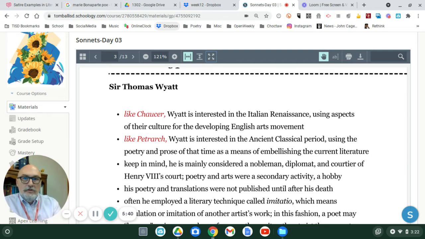So Geoffrey Chaucer himself during the 1300s is really interested in what the Italians are producing, his contemporaries in Italy are producing during their Renaissance. Wyatt, during the 1500s, 200 years later, has interest in the Italian Renaissance in the past. So he wants to establish an English Renaissance. So it's slowly beginning to formulate.